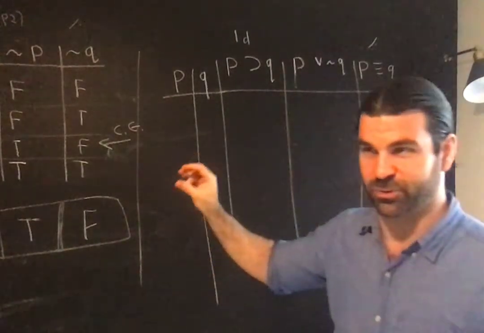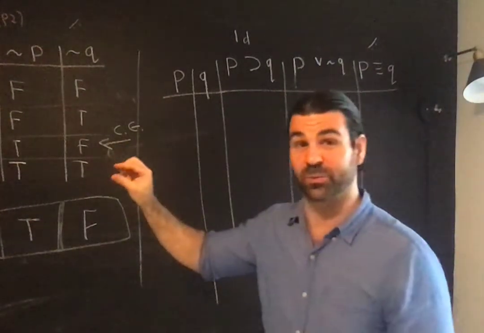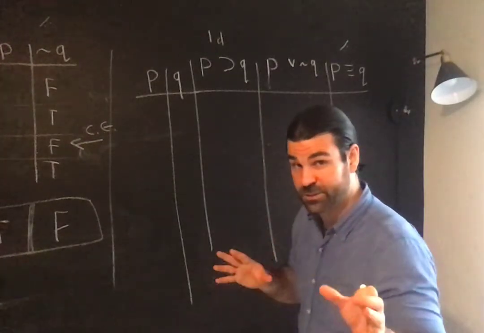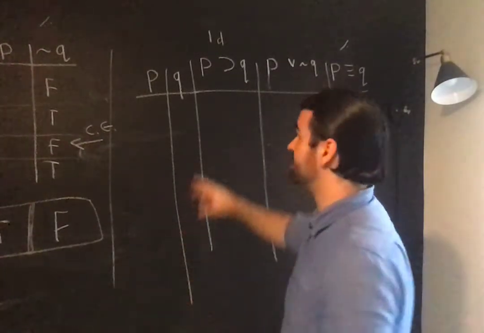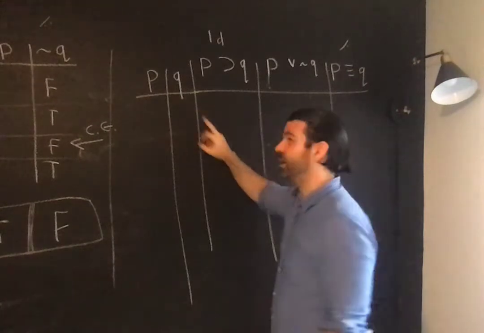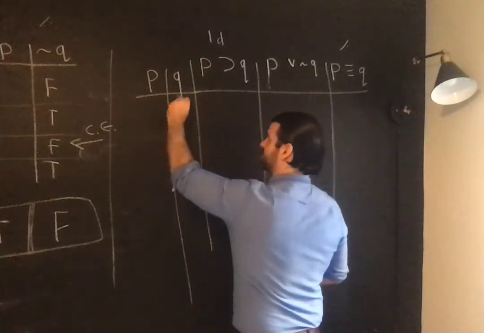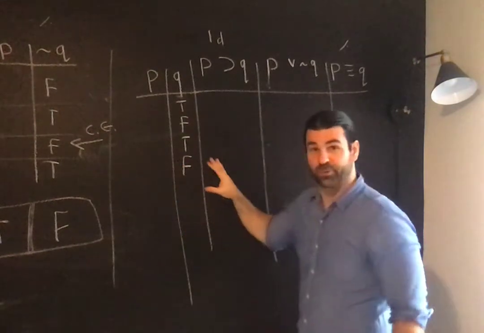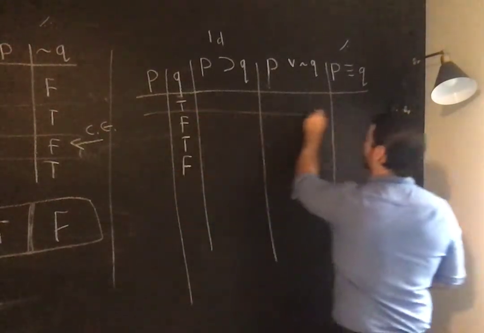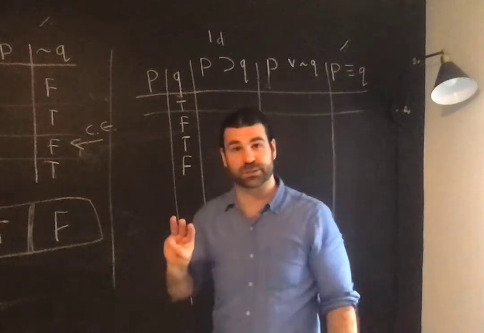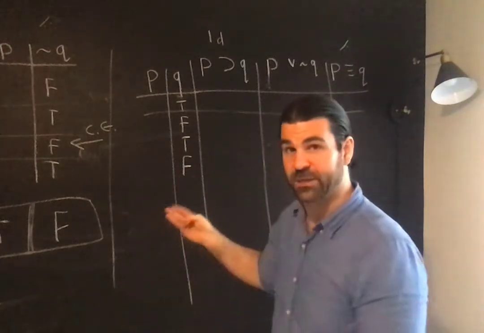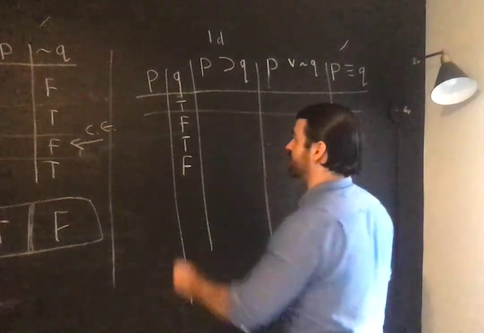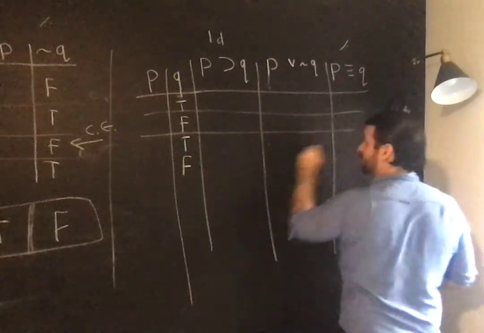The Q would be true, true, false, false, true, true, false, false, and the P would be true, true, true, true, false, false, false, false. Because the order you have to do it is start with the rightmost one and go true, false, which is what you do when there are 4 rows, like here. If there were 3 sentential variables, so 8 rows, you'd go true, false, true, false, true, false, true, false. But here you've just got 4: true, false, true, false.